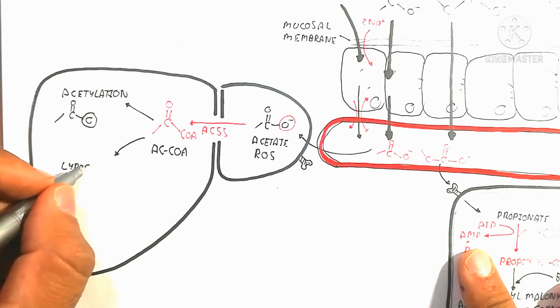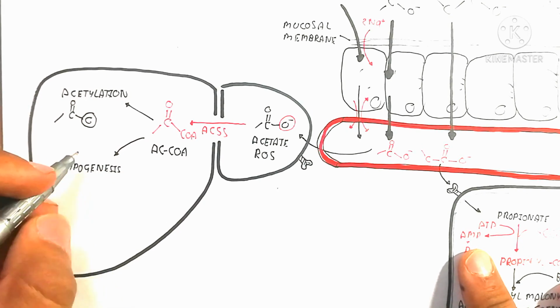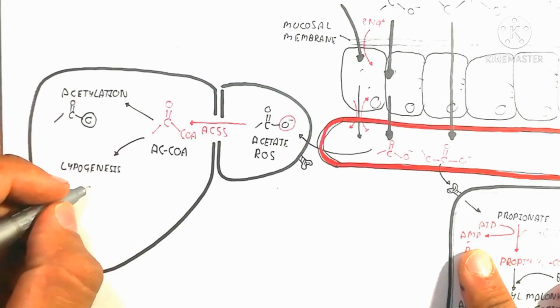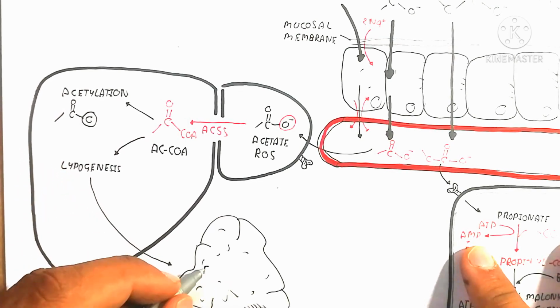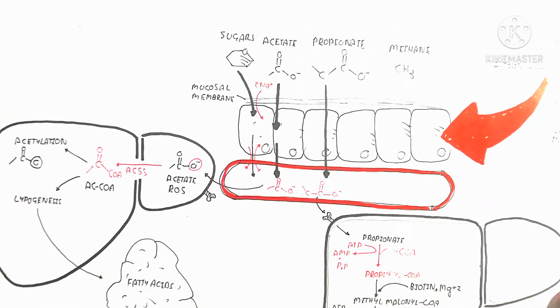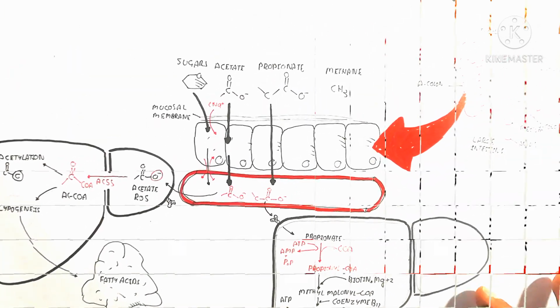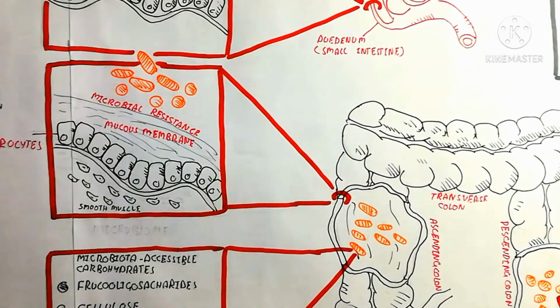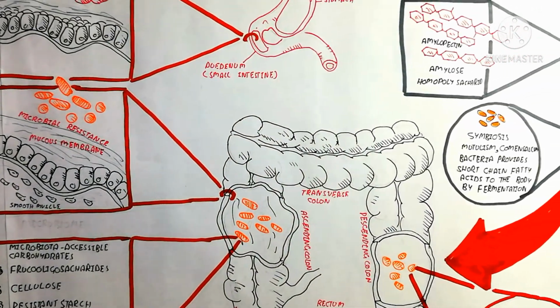So it is converted by ACSS to acetyl CoA, which is the acetylation of another molecule, and lipogenesis will occur and go into the adipose tissue. So the acetate reactive oxygen species will be released and converted again.